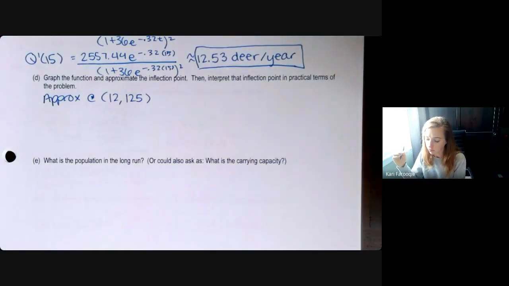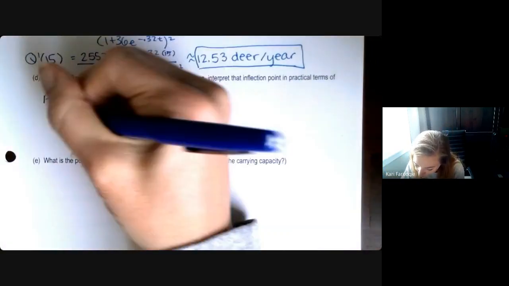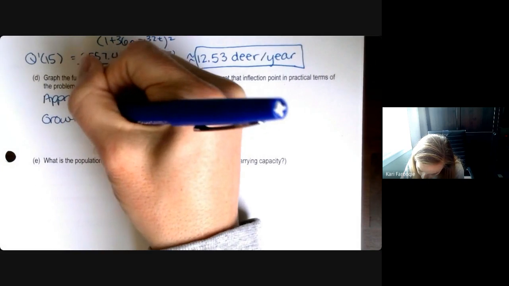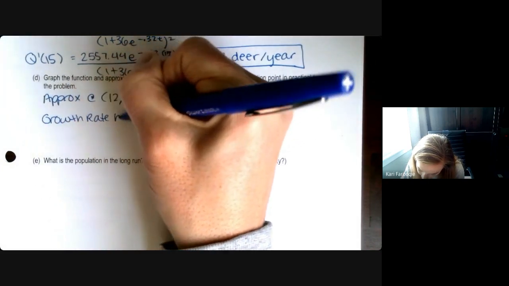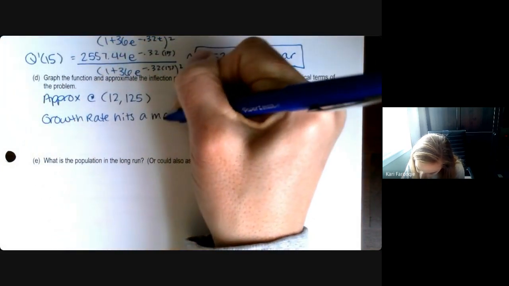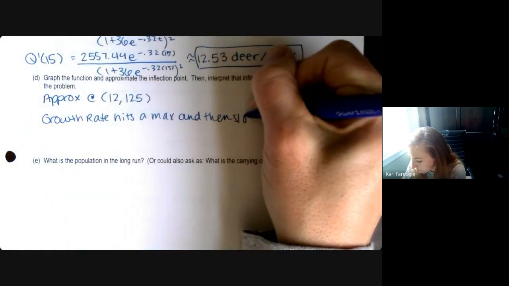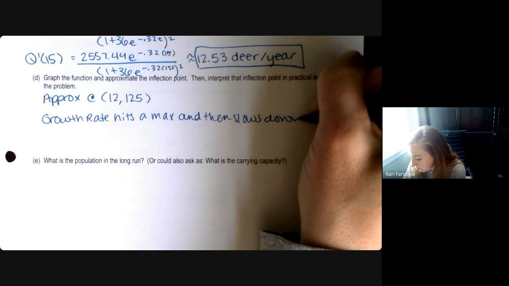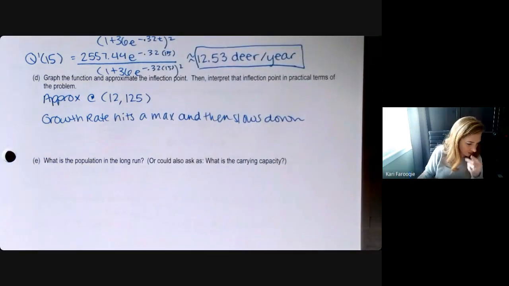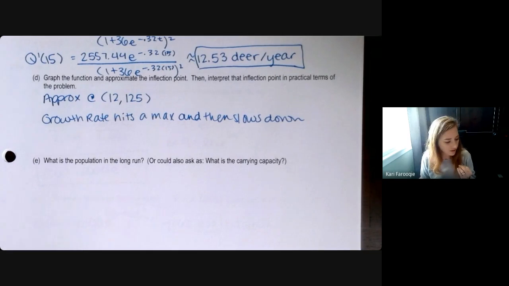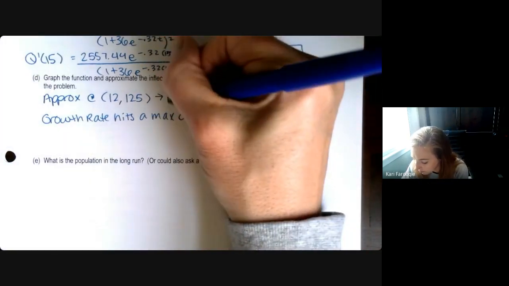The inflection point means that the growth rate starts to slow down. So we would say the growth rate hits a max and then slows down. So the population was increasing the fastest at this point.